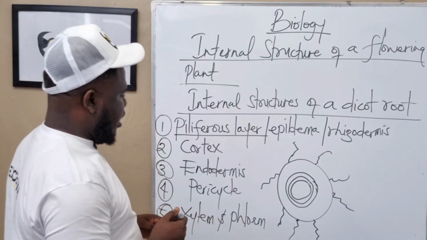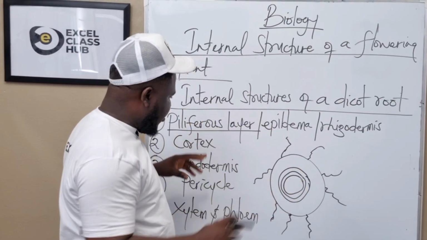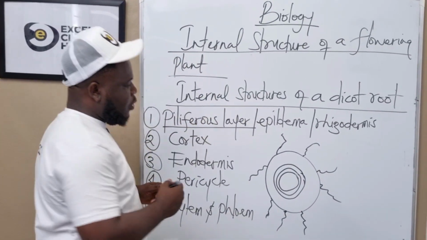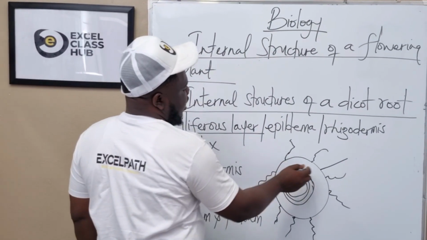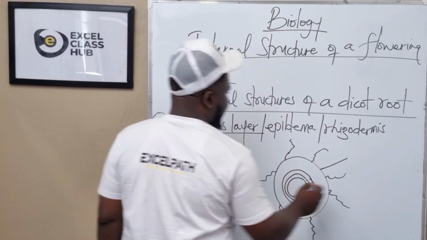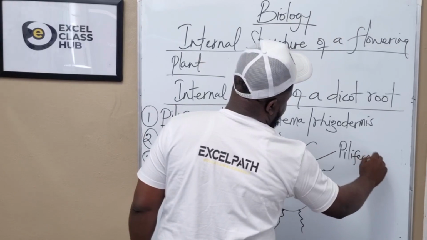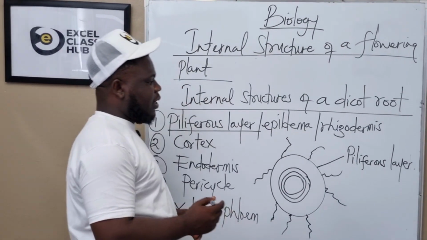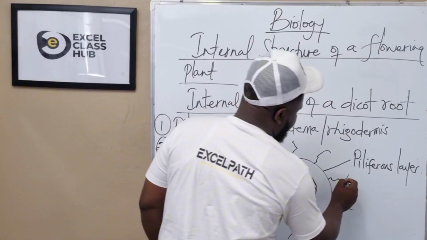Now, we are still going to draw the diagram in a more expanded way so that we can see the structures that follow the piliferous layer. But this particular layer that you are seeing, from which the root hairs arise, is what we call the piliferous layer. Like you can see, these are the root hairs.